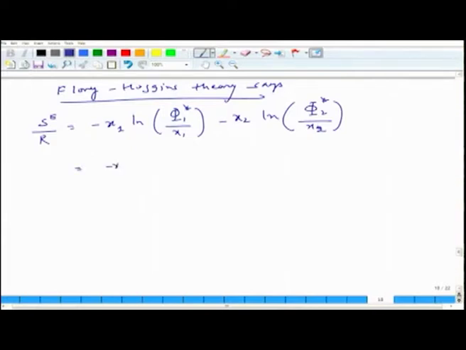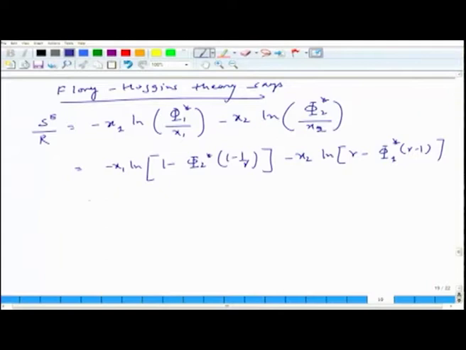So, without showing the detailed analysis, I am just writing the expression here: minus x2 ln r minus phi 1 (r minus 1). Okay, so this is the expression.